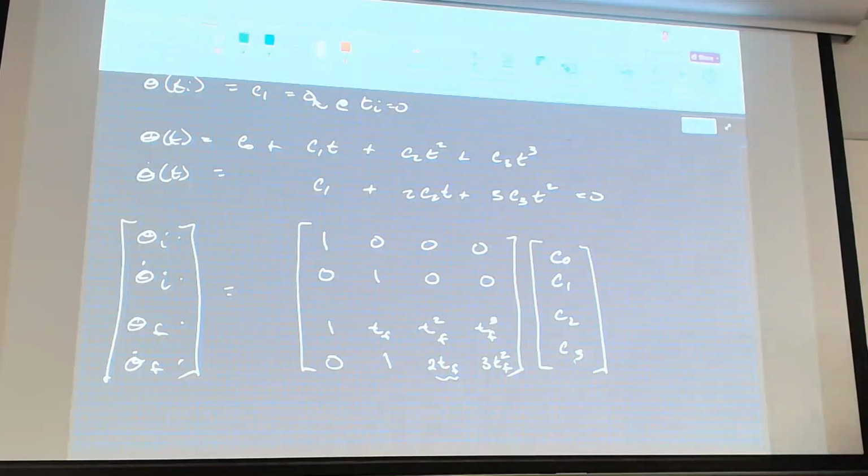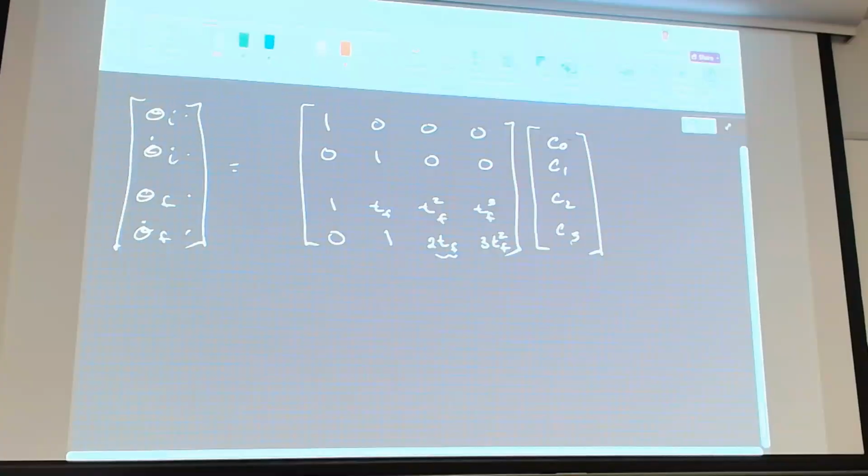So that means I can solve that. We could simply say that, let's just call it theta, is equal to some matrix times C. C is my vector of coefficients.